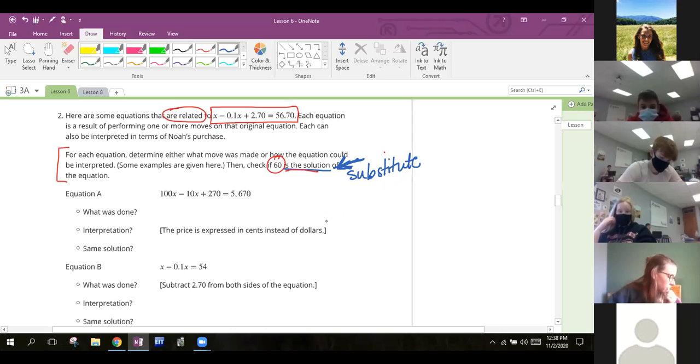Okay, so I'm going to do A so you can see what I'm wanting. We have this equation right here. It wants us to determine what was done to it.